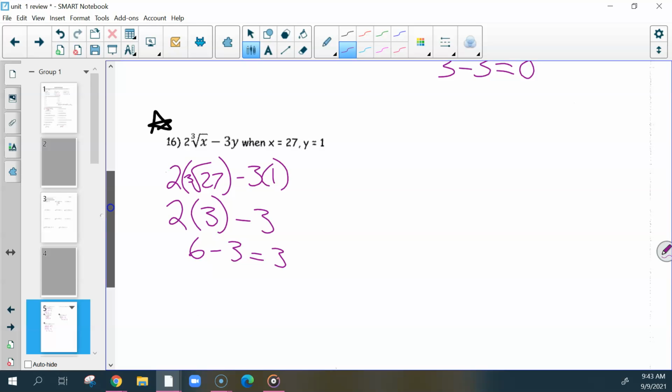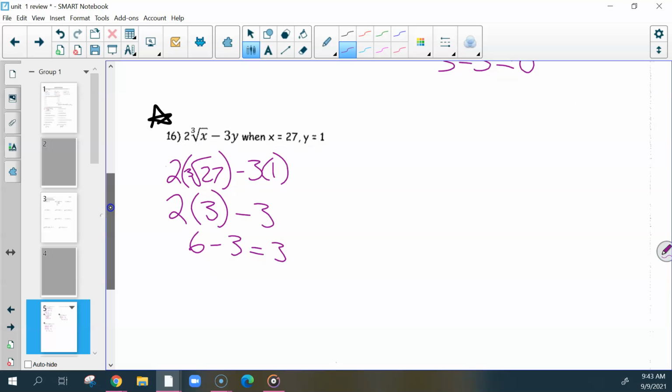So with evaluating, basically make sure you're putting it in carefully and using the correct symbols. Jenna? Is that one we did? Okay. Let's come back to that one. Just put a star by that so we know to come back.